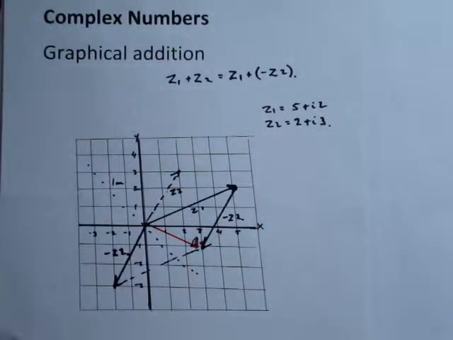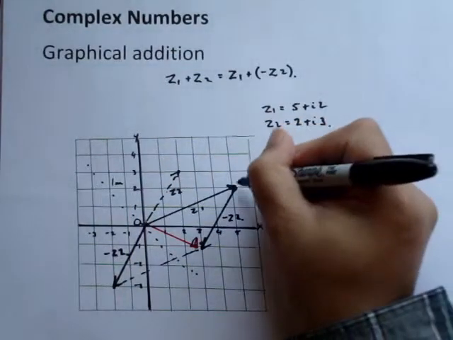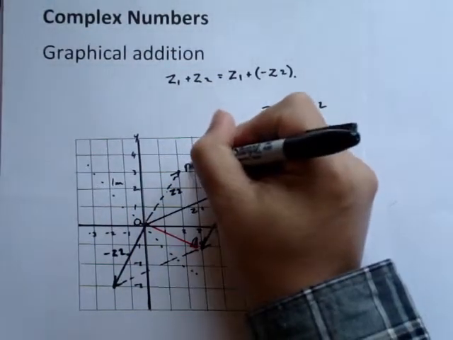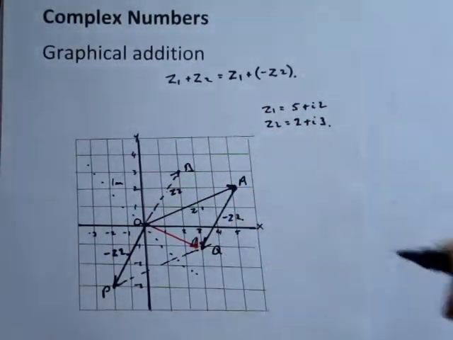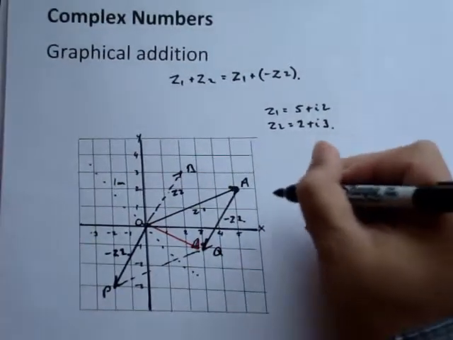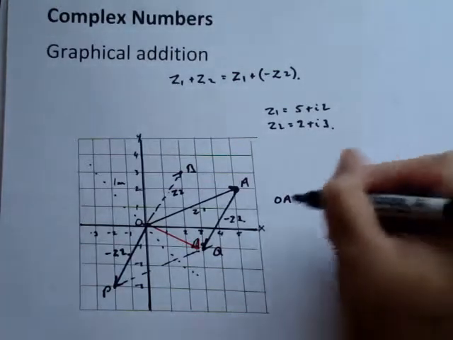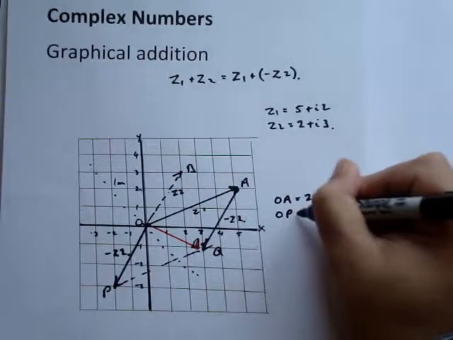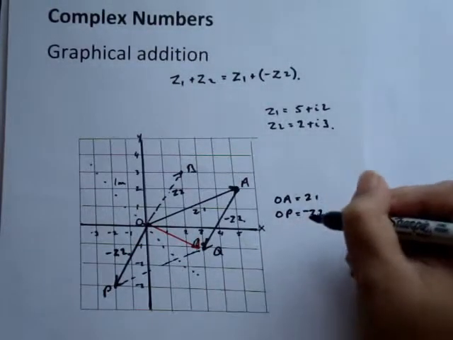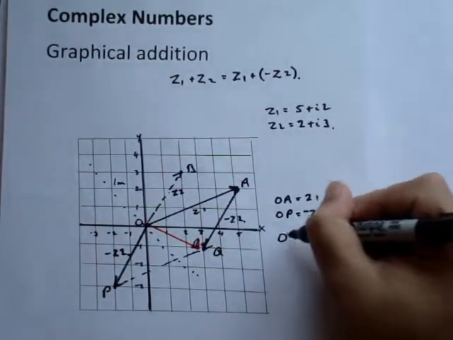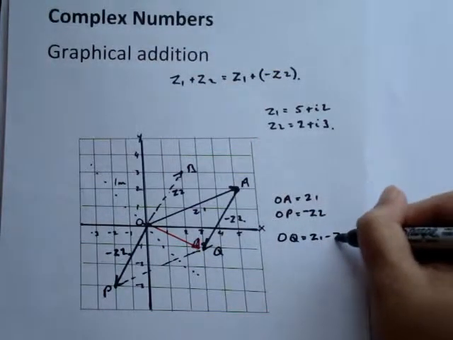So if we label this now, this is our origin, A, B, P, Q. So our OA is Z1, our OP is minus Z2, and our resultant vector OQ is Z1 minus Z2.